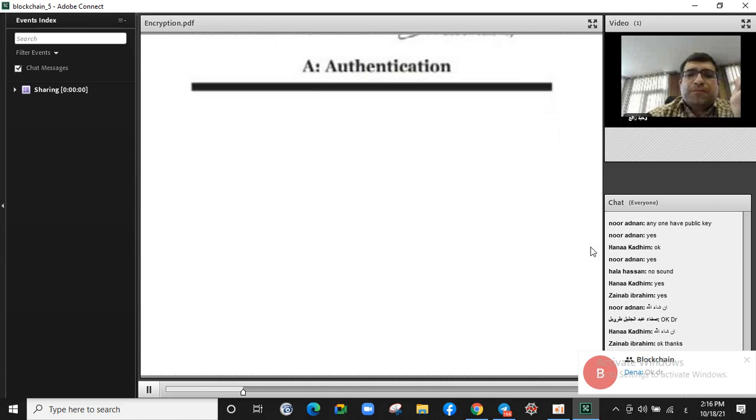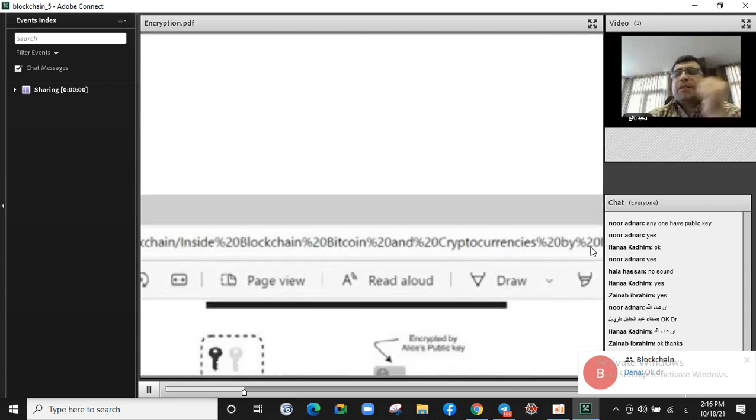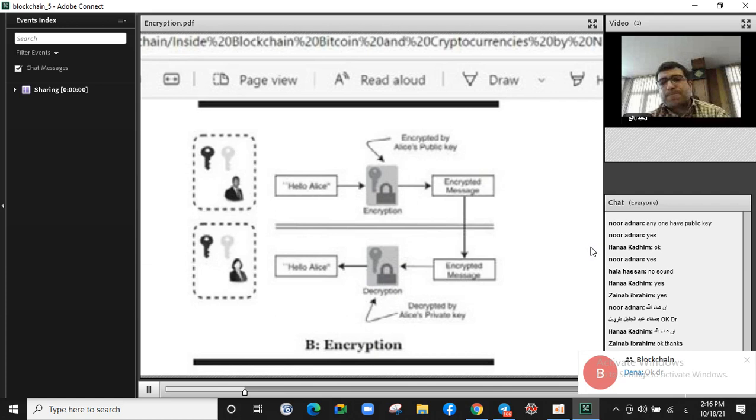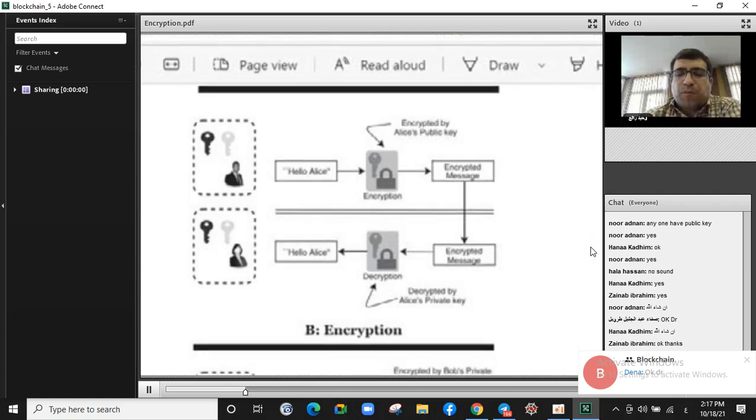Another usage of asymmetric cryptography, again, public key and private key, is encryption.